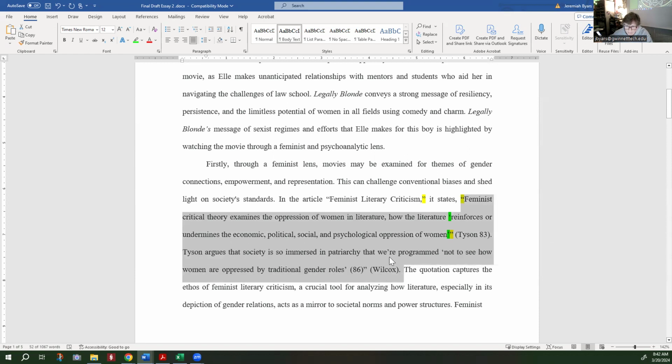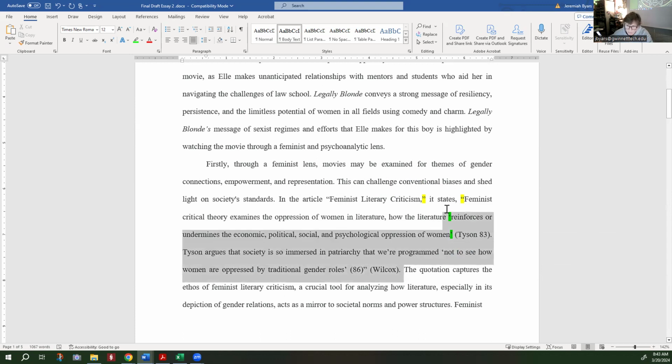So this Tyson 83 here is quoting this internalized quote. But what this person, Amanda, is quoting is actually Wilcox. So this is very confusing. There's a couple of things wrong with this.